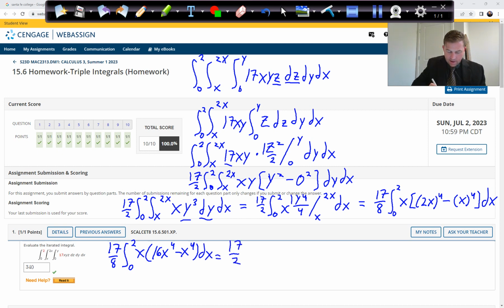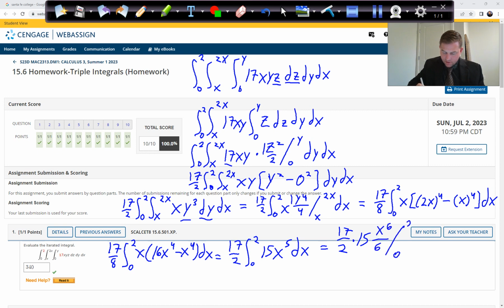So that's 17 eighths, antiderivative from 0 to 2 of 16 minus 1 is 15 times this x out here. So it's going to be 15x to the fifth dx. This antiderivative would be 15x to the sixth over 6 from 0 to 2. And if we multiply all of that out, we're going to get 17 times 15 divided by 2 times 6.